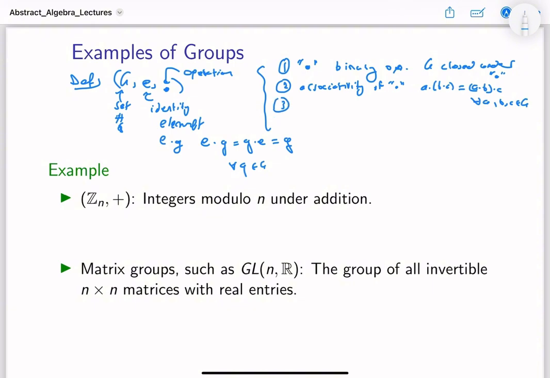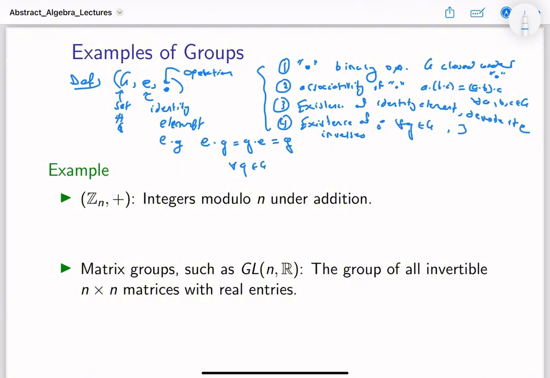And the third property, we require the existence of the identity element that we just mentioned, and we denote it e. And the fourth property, we require existence of inverses, and that is we require for every g in G that there exists an h in G such that g dot h is equal to h dot g is equal to the identity.